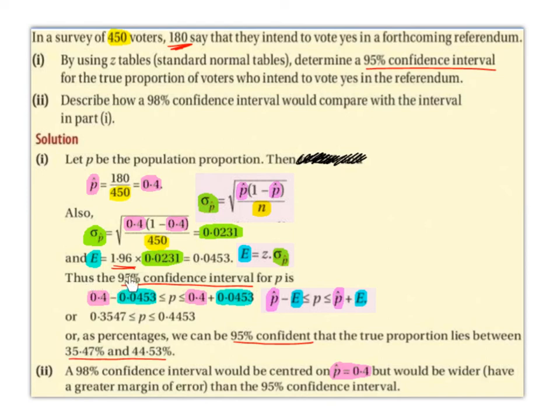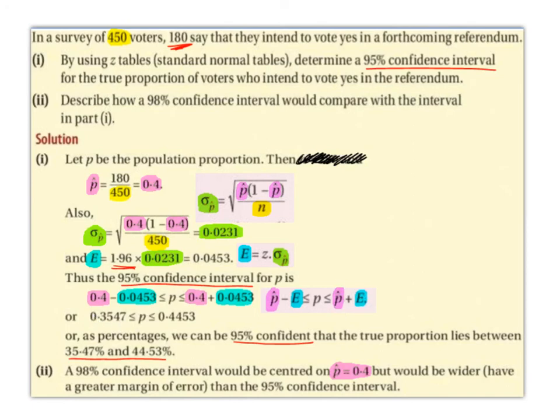Thus, the 95% confidence interval for P is P greater than P hat minus E and P less than P hat plus E. So P hat minus E is 0.4 minus 0.0453, which gives us 0.3547.